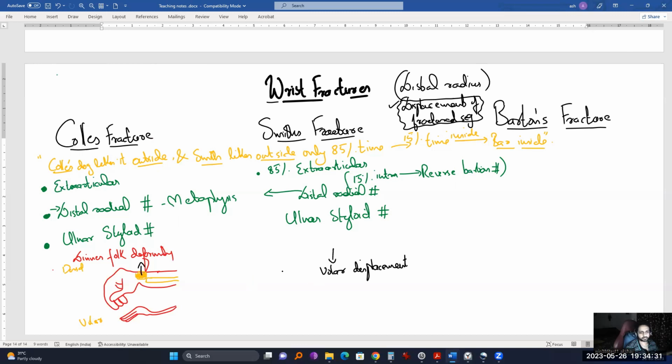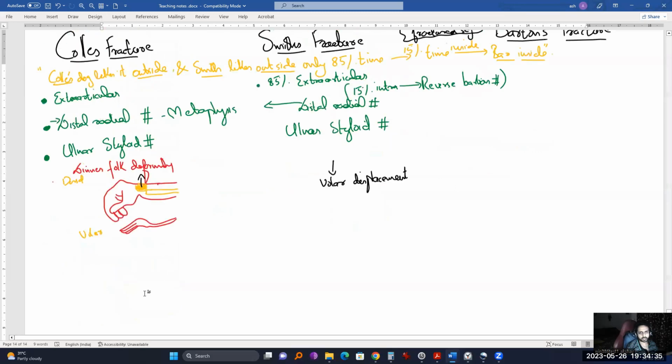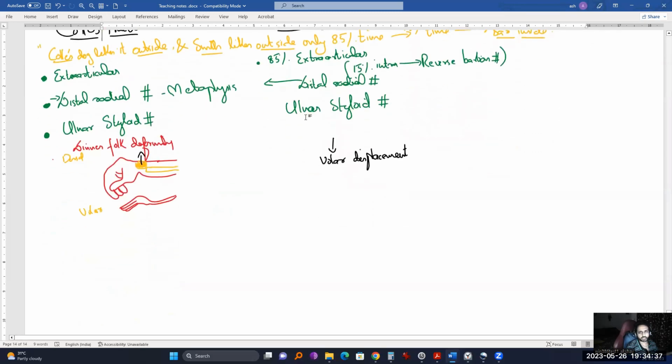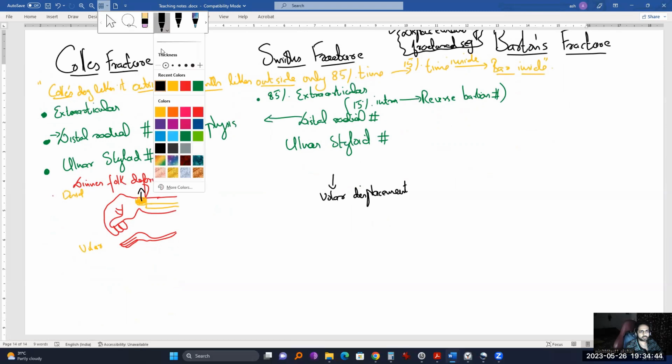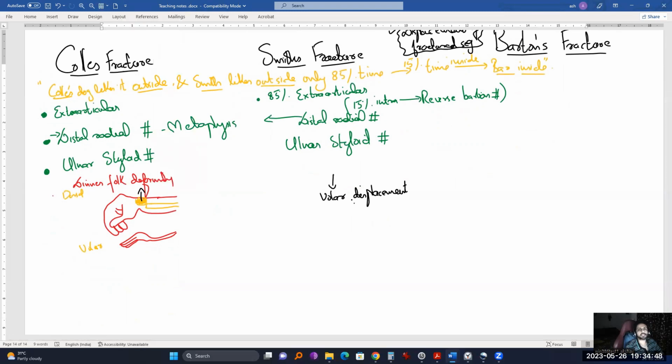Okay, so you can see, in Smith's fracture it is volar displacement. So that is the only difference.